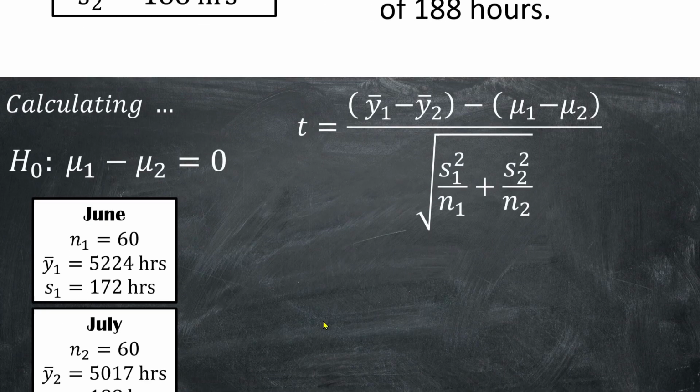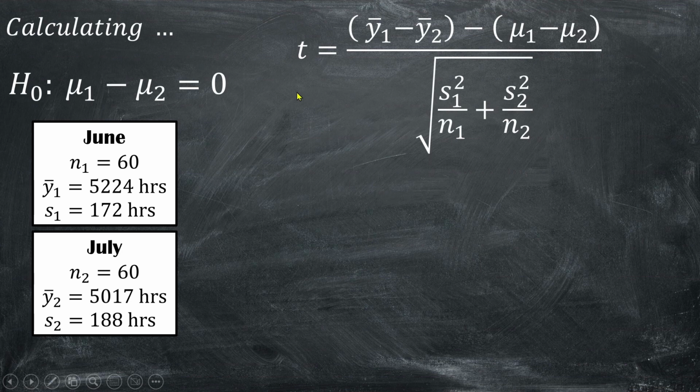And so as we learned in class, the test statistic in this case, well, keep in mind here, our random variable is the difference between those two sample means. So this is our random variable. This random variable has a standard error of what you see on the bottom of this fraction. That's the standard error of this random variable. Under the null hypothesis, this random variable is centered at mu1 minus mu2, which is 0.